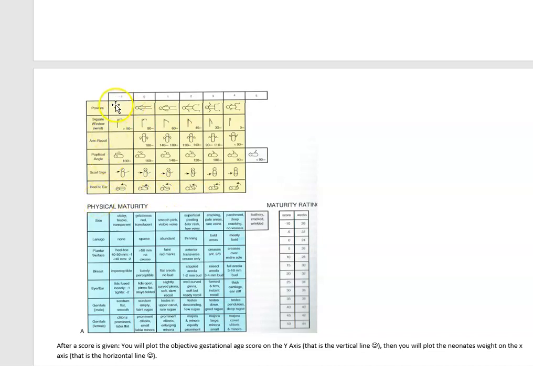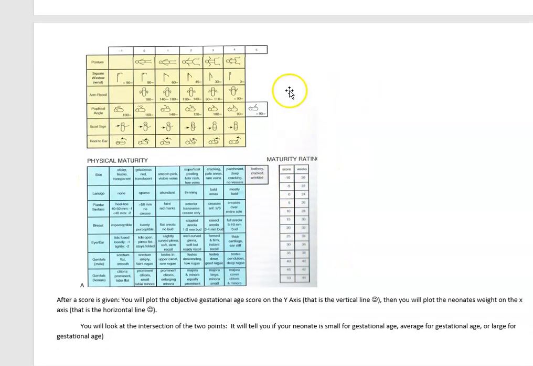And we can see that -1 and 0 are very immature neonates, and that 4s and 5s are mature neonates, and some can be post-dates, which is greater than 40 weeks gestation. So once we look at all of our physical exam parameters, and then we check the box that matches the numeric value given to that parameter, we will add them all up.